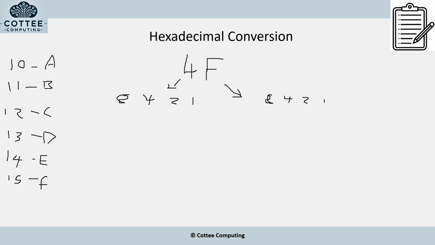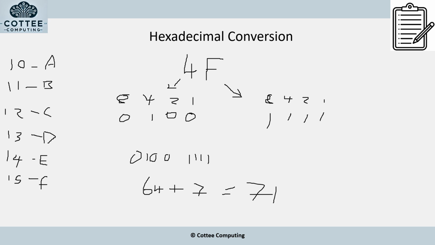So F is going to be 15, so that's all of them turned on. 4 is just going to be simply 4. So our binary number is 0, 1, 0, 0, 1, 1, 1, 1. Now if we want to turn that into denary, then we do that 15. That's 16, 32, 64, 64 plus 15, which is 79. Okay, so 4F in denary is 79.